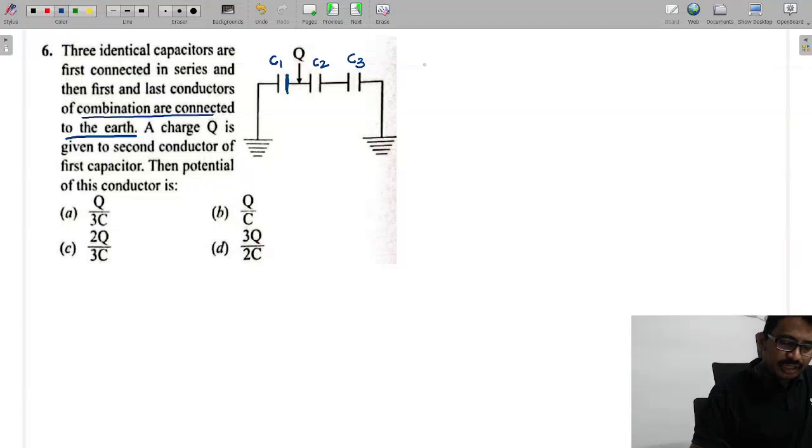We need the potential across C1. Initially in the circuit, the three capacitors are connected in series to a supply.